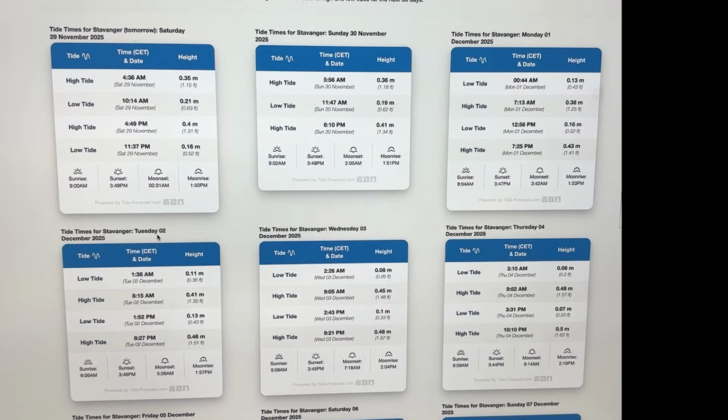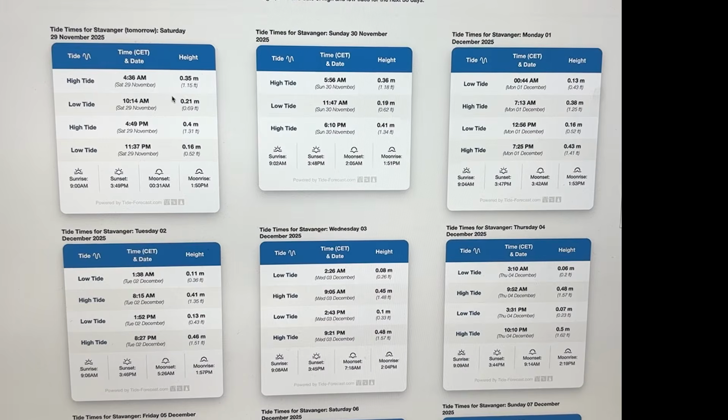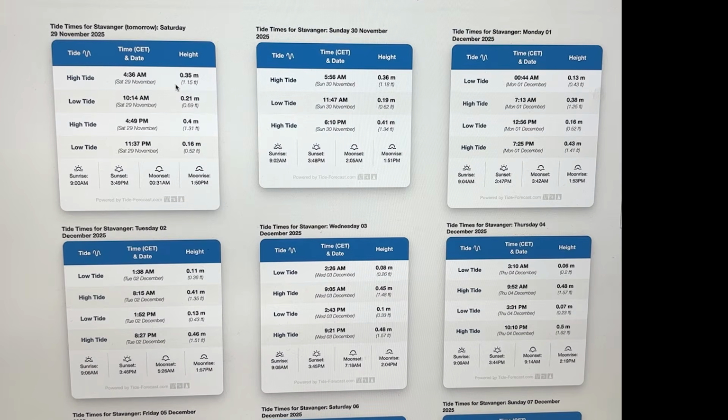And then we move on to the tides. For the guys in the UK, this one's going to be a bit strange for you, but here is a weekly look ahead of the tides, and you can see the tide height. So let's go tomorrow. Low tide, 10:15, and it's a 0.21 meter low tide, and the high tide is 10 to 5, and it's a 0.4 meter.